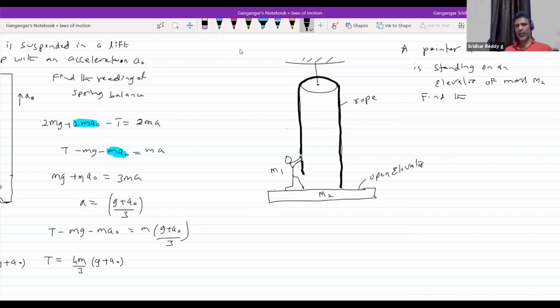Find the force with which he should pull the rope for equilibrium of the system.